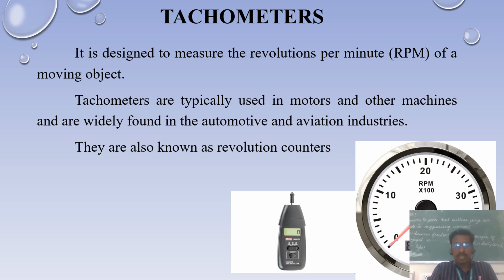A tachometer is a type of sensor typically used in motors and other machines and widely found in automotive and aviation industries. These sensors are used to fetch data on how many times a revolution occurs. They are also known as revolution counters.